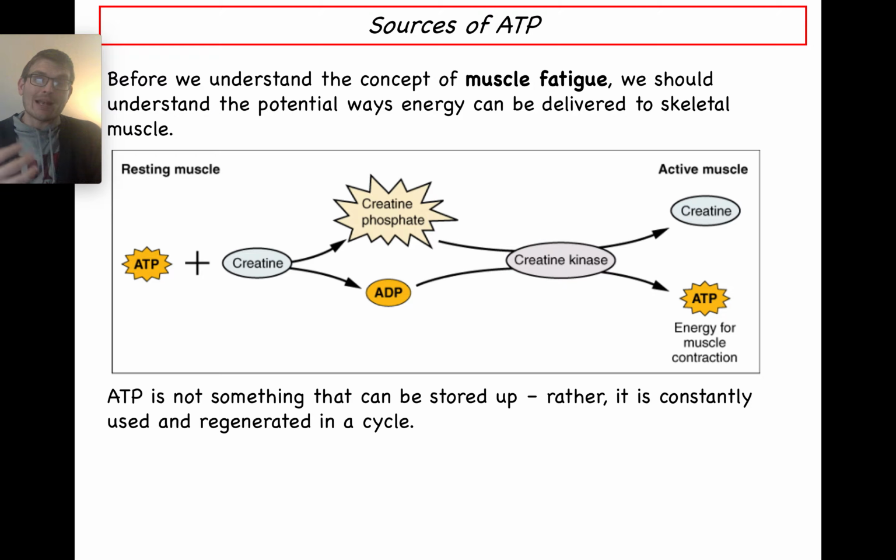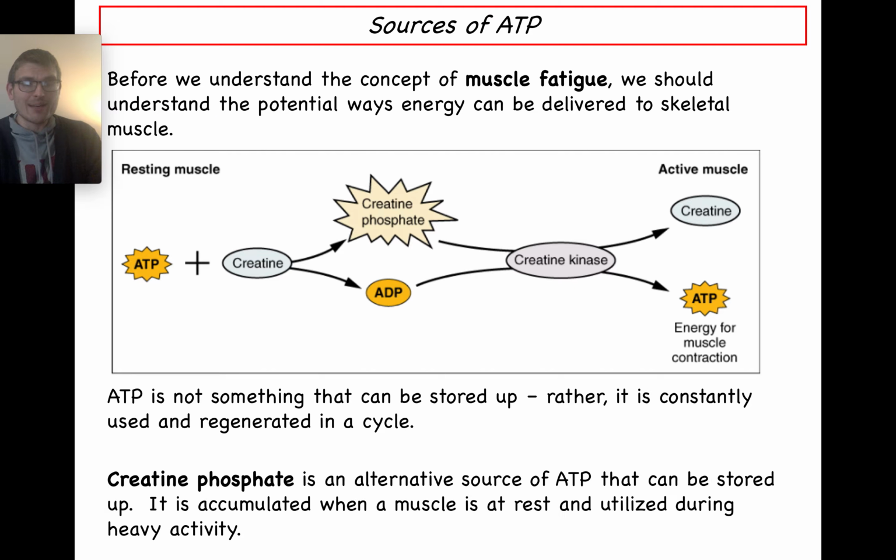Rather, when your mitochondria generate a whole bunch of ATP, that ATP is all going to get used up pretty much right away. So it's not really something that we can set aside and use later. So your muscle fibers actually have a system for storing up and stockpiling energy independent of ATP itself, and this is called creatine phosphate.